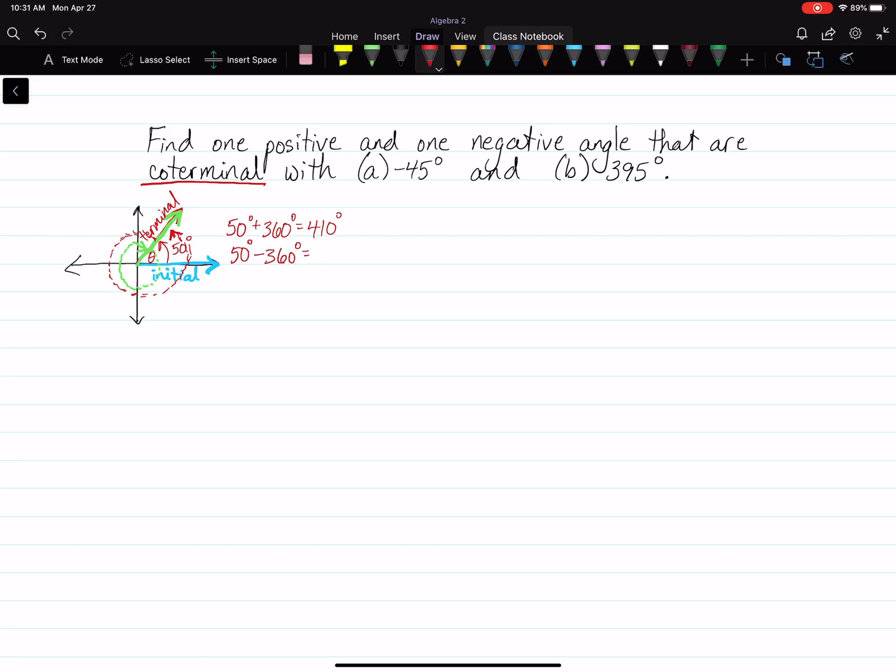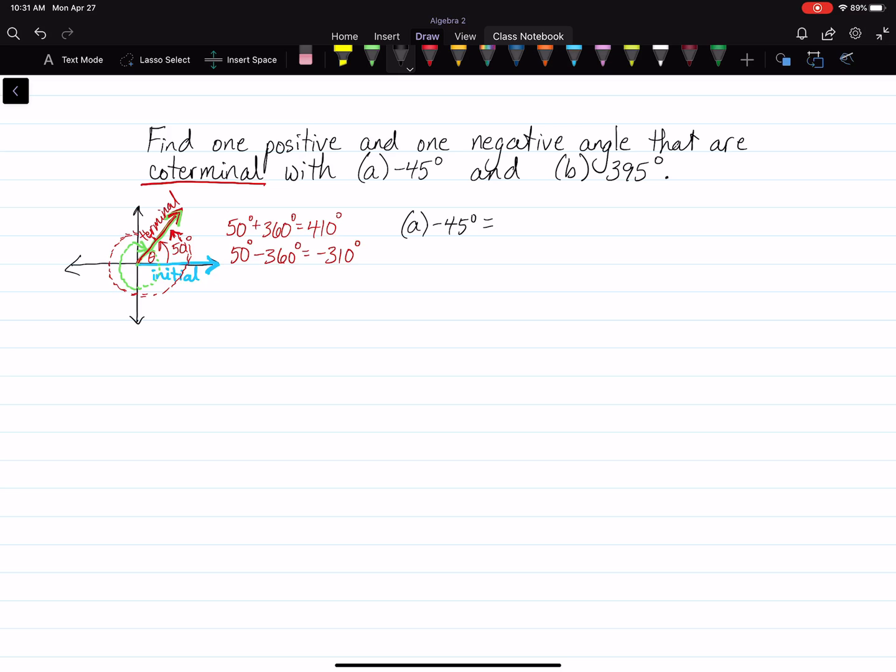So 50 minus 360 degrees is negative 310 degrees. That is also coterminal with 50 degrees. And again, all coterminal means is they're sharing the same side that they end on, okay? That's all that means.